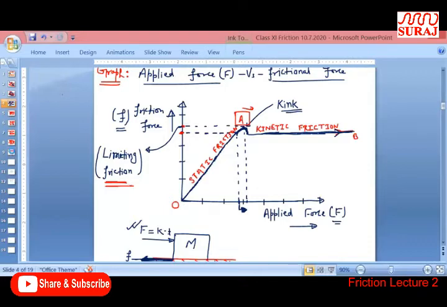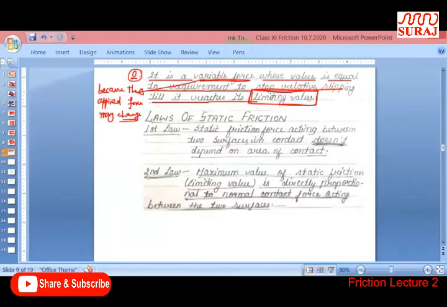So what they are explaining here in this point, it is a variable force whose value is equal to the requirement to stop relative slipping till it reaches the limiting value. There are laws of static friction. So you can see the laws of static friction.